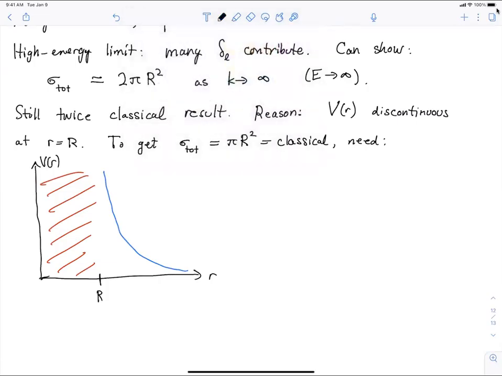Okay, and the length scale over which this thing has to be softened in order to get the classical result has to be much, much larger than 1 over k, where k is determined by the energy that you're sending in. So this is a smoothed out potential, more realistic in the classical limit. And so you could call this the softened bowling ball.